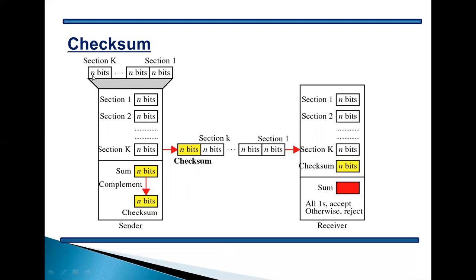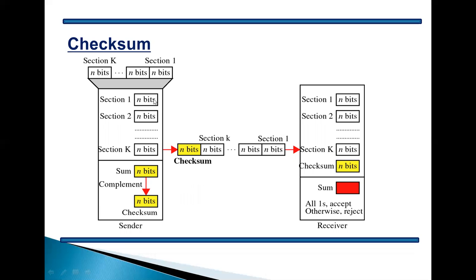Okay, all the k sections are added together using one's complement to get the sum. The sum is complemented and becomes the checksum field. The original data and checksum field are sent across the network. That is the original data.